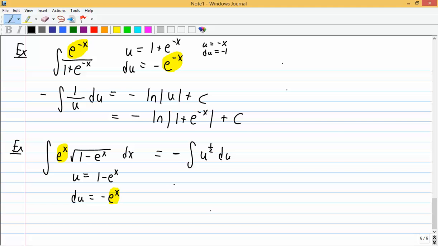So now, power rule: that's going to equal negative, add 1, divide, so divide by 3/2, so it's going to be 2/3 u to the 3/2 plus c, or negative 2/3 times 1 minus e to the x to the 3/2 plus c. Alright, so that's what we'll pick up on Friday.